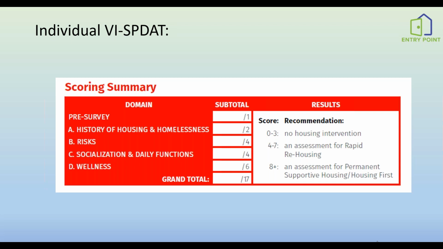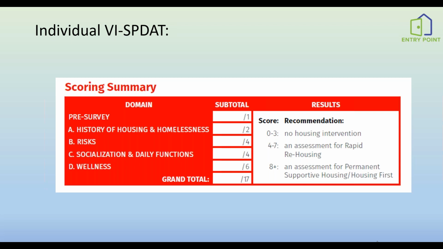We cannot guarantee anything about the rate at which someone will be housed because of their scores. On the column on the right where it says results, the VI-SPDAT, as it's used internationally, has some recommendations about score ranges where we might consider different kinds of housing interventions for someone.